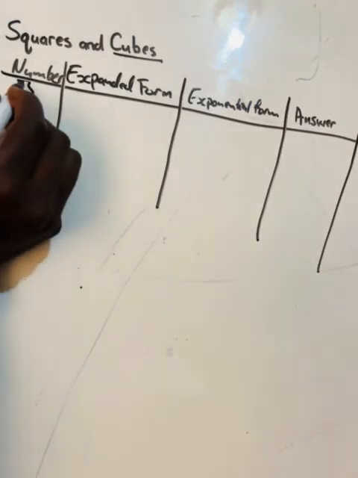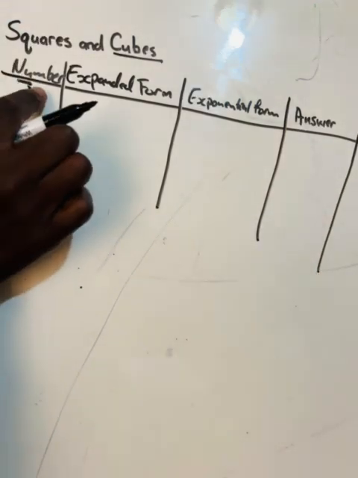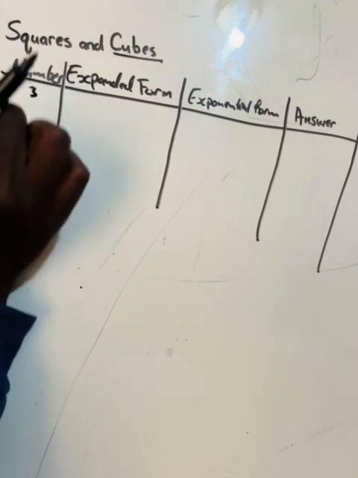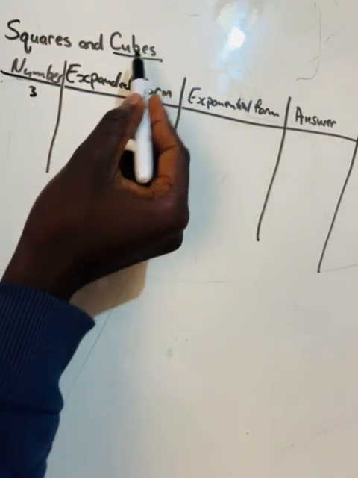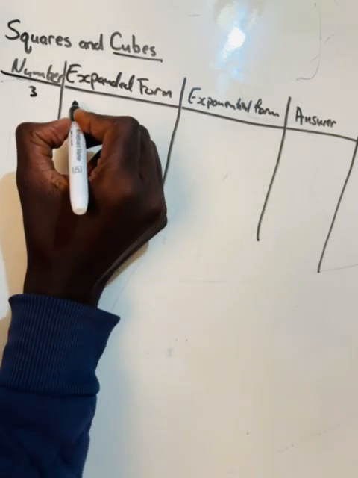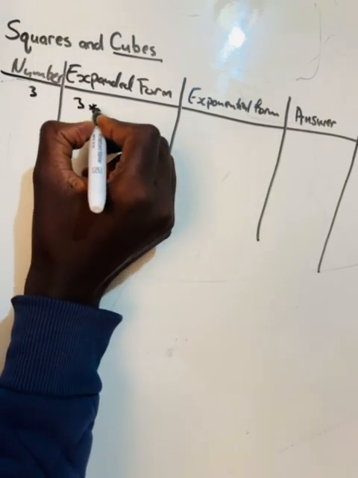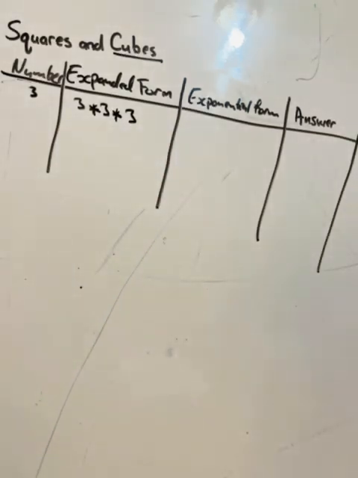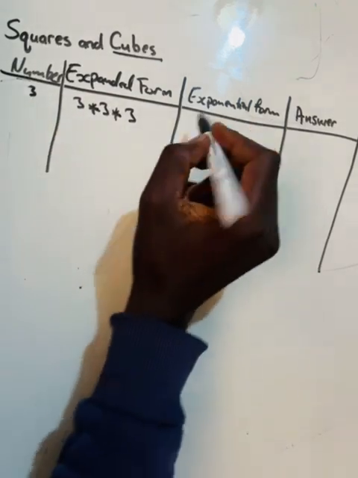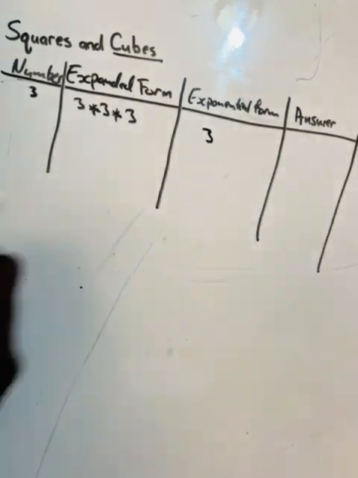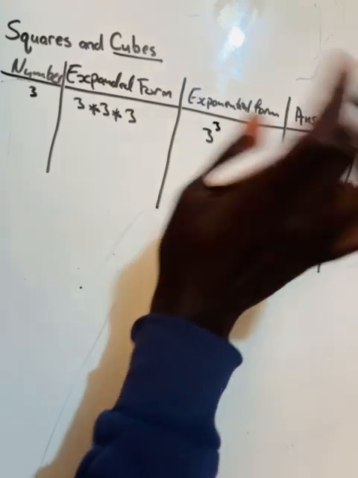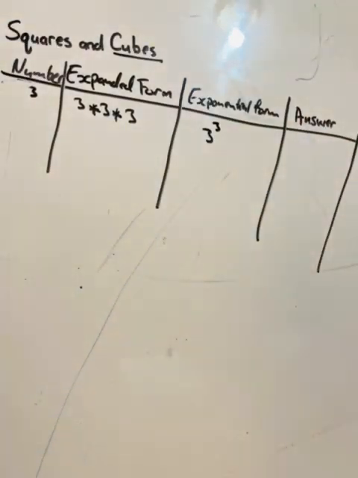So if the number provided is 3, in cube, expanded form, it simply means 3 multiplied by 3 multiplied by 3, right? In exponential form, we say that the base is 3 and the exponent is 1, 2, 3, so 3 times. We will look at the answers at a later stage.